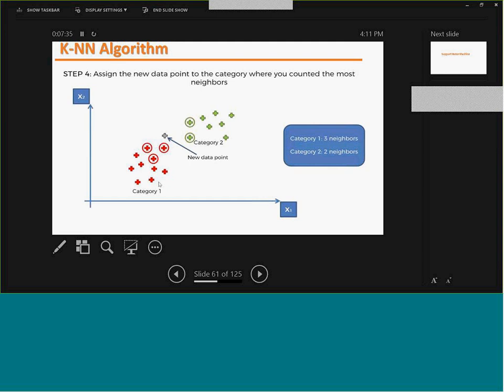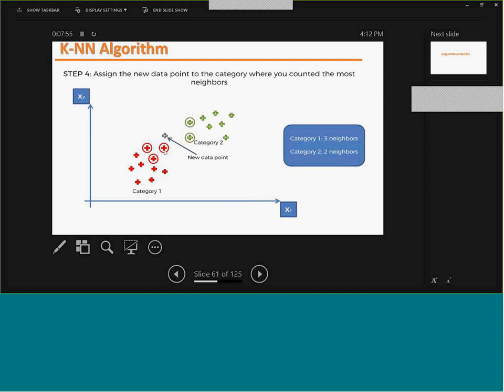It is as simple as that. I will again repeat, we wanted to predict whether this data point belongs to category 1 or category 2. First, we identify the 5 nearest neighbors of this data point, and that's why we call it k nearest neighbor. K means the number, and NN means nearest neighbor.